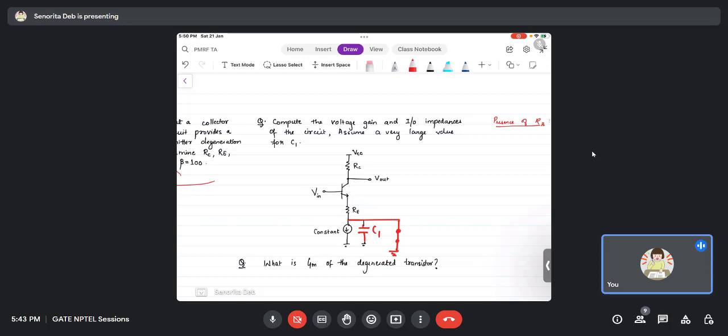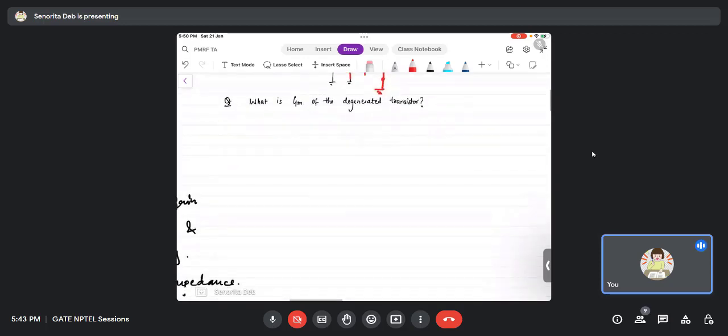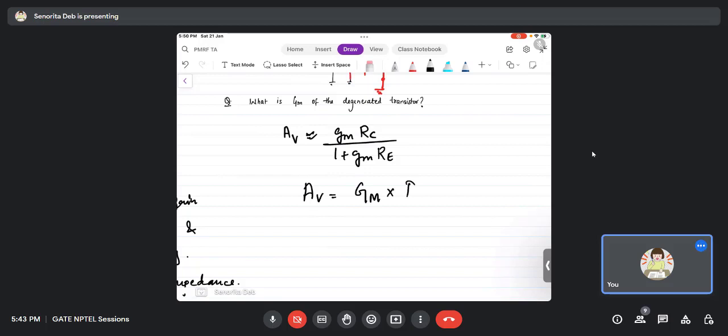Another concept. I have just written that AV will be equal to GMRC upon 1 plus GMRE. This is what we had seen, right? Approximately equal to. And I also told you that AV is equal to capital GM into R out. Now I know that R out is nothing but RC, and if R naught is present, it will come in parallel.